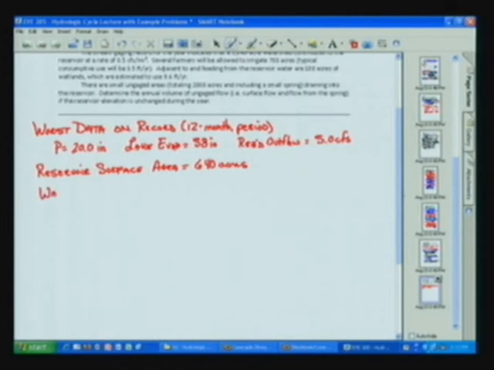The watershed, which is to say the supply area, is 3,840 acres.